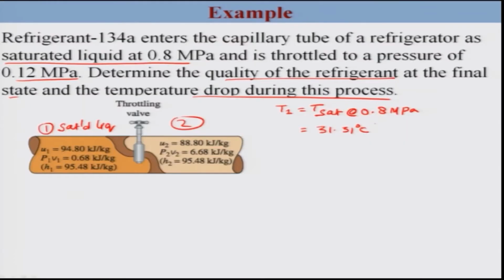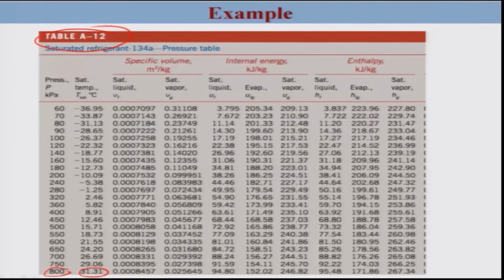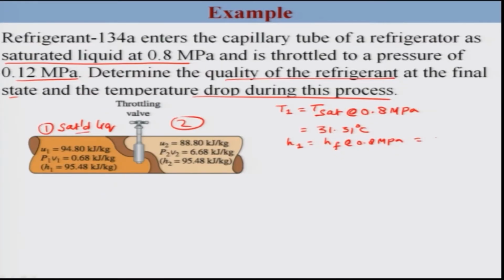Now, what we have to consider is the enthalpy, because we know the enthalpy is constant, which essentially means H1 should be equal to H2, and H1 is nothing but Hf, because this is a saturated liquid at 0.8 megapascal. The table tells you this is 95.48 kilojoules per kg.